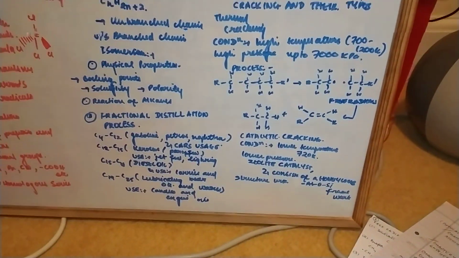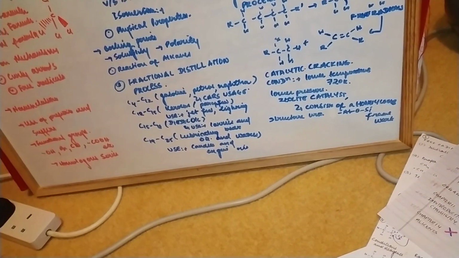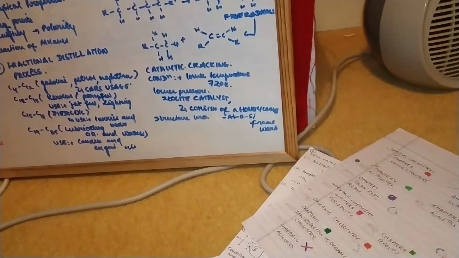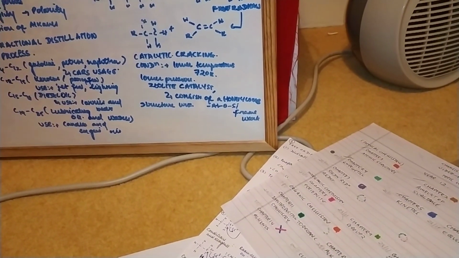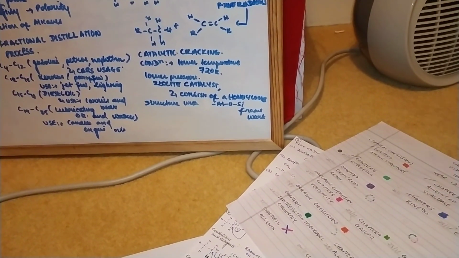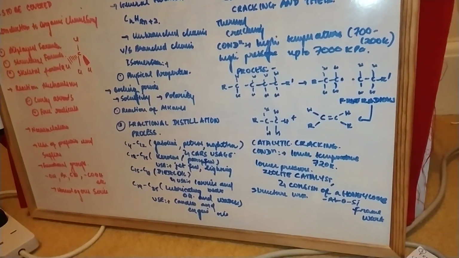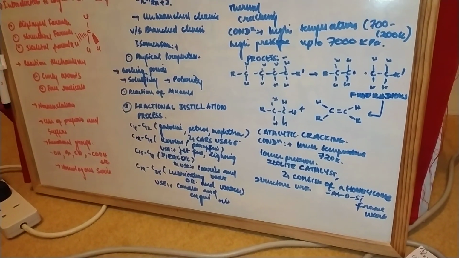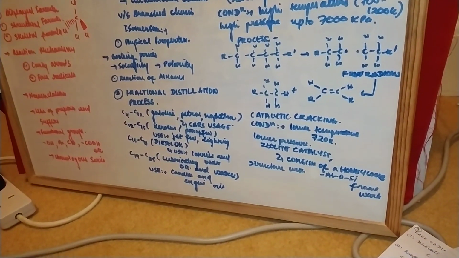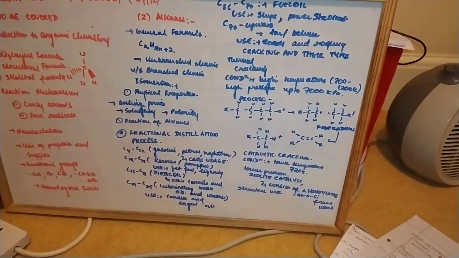Now talking about the general formula. The general formula is CnH2n+2. Hydrocarbons may be unbranched, branched chain or rings. Now coming to the unbranched chain. Unbranched chains are often called straight chains, but the C bond angle is 105 degrees.